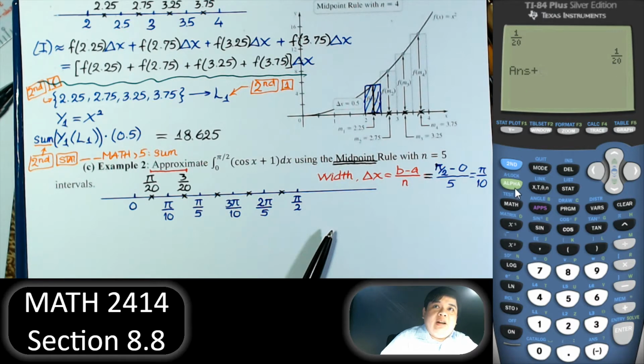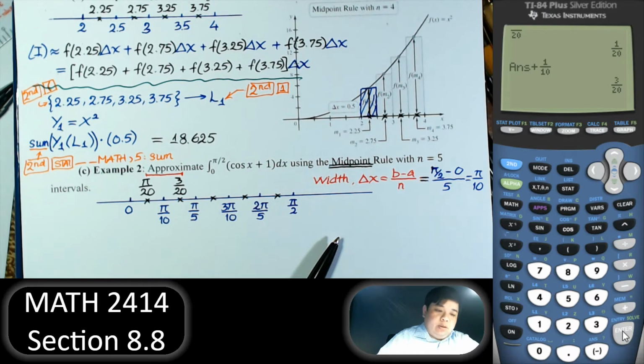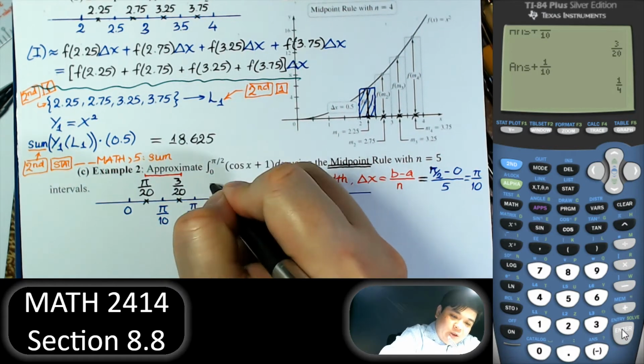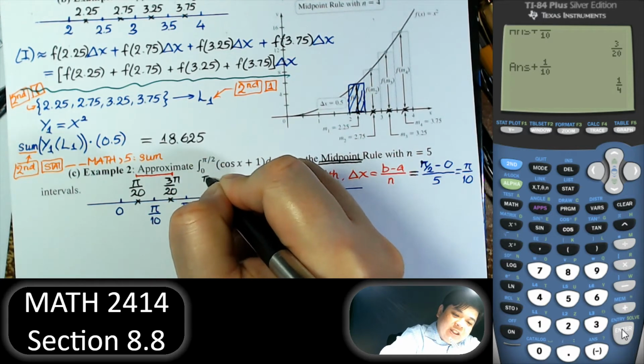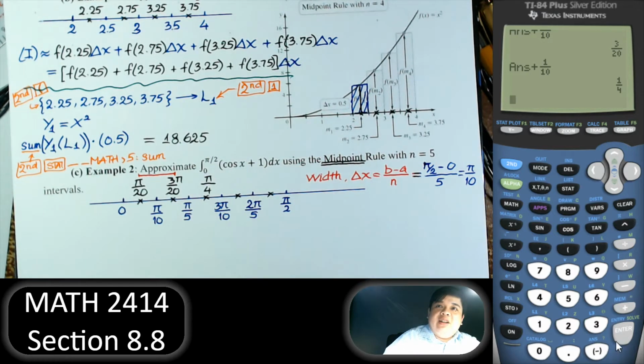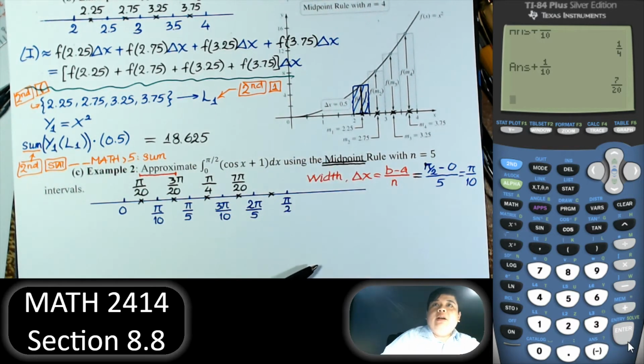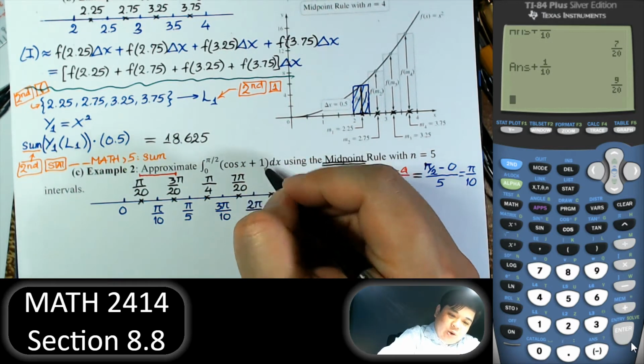We're going to add a fraction of the width, pi over 10. So 3 over 20, right? And then the nice thing about using the answer is we just hit enter. Give us the next one, 1/4. I forgot the pi. And we just hit enter. Just take the last answer and then add the next one to it. 7 pi over 20. One more time. 9 pi over 20.